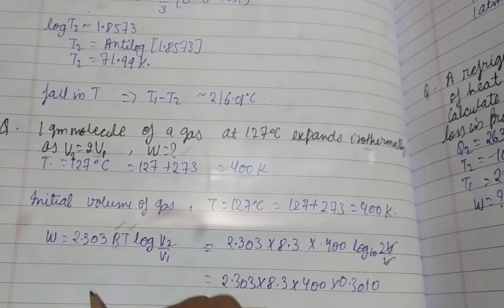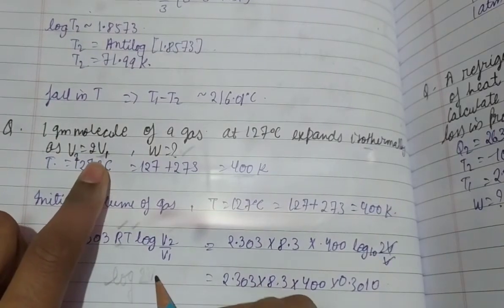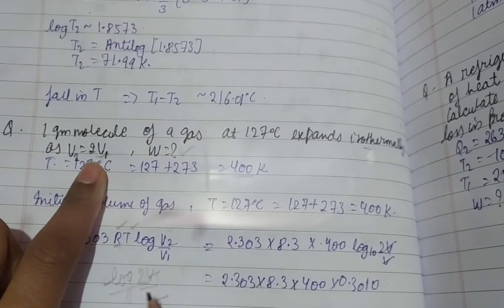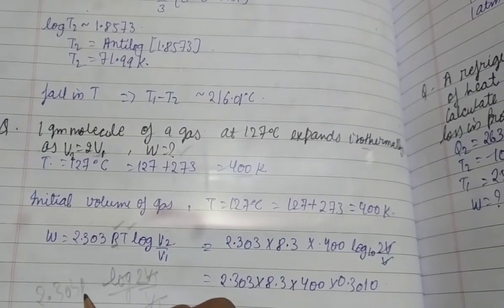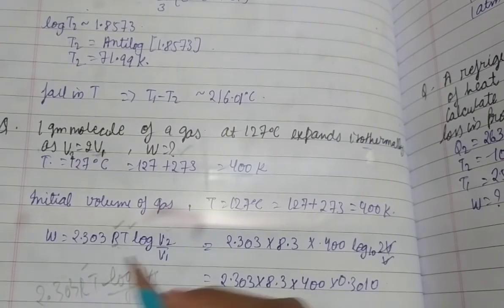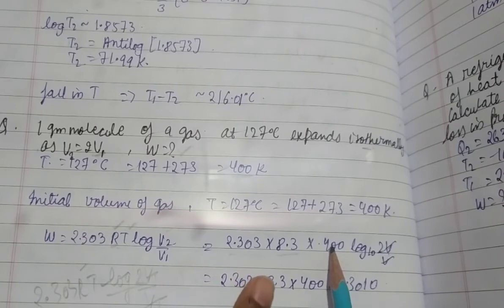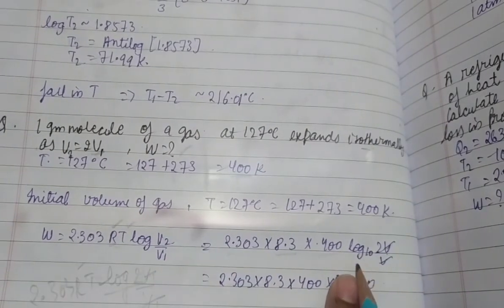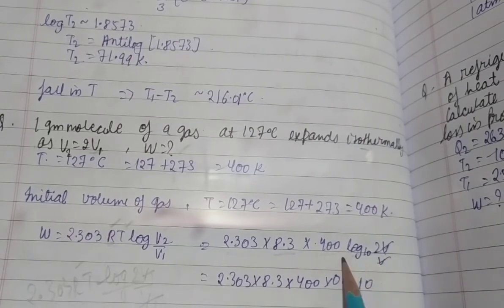V2 upon V1: V2 is 2 times V1, upon V1. So V and V got cancelled, so the value of log 2 will be used here. So it will be 2.303 RT log 2. See, it is 2.303, the value of R is 8.3, into temperature 400, and log base 10 of 2. And 2V upon V, so V and V cancel, it will be log 2.